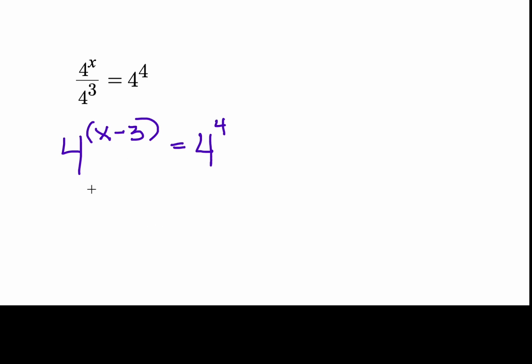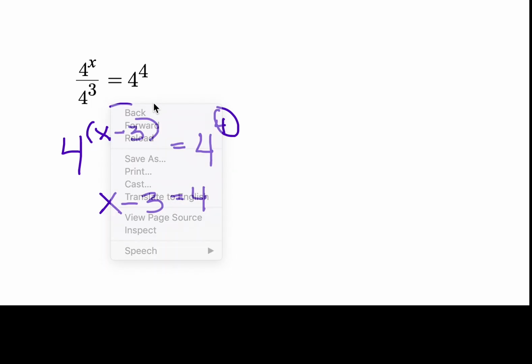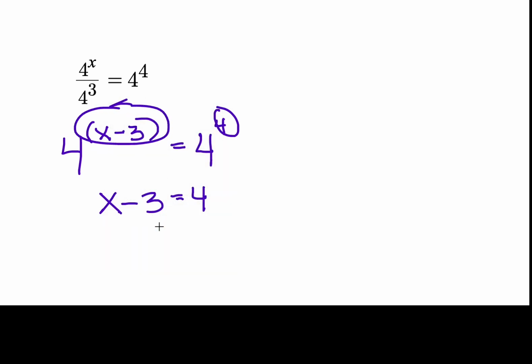And as we saw earlier, since the bases are the same, what we need to do to make both sides of the equal sign equivalent is set the exponents equal to each other. So x minus 3 equals 4.